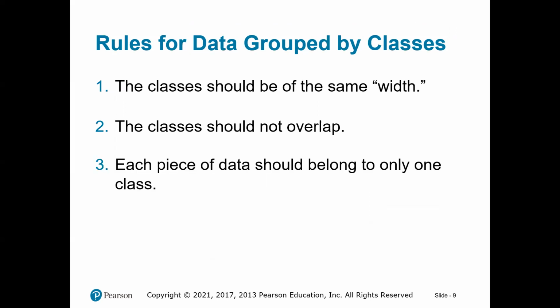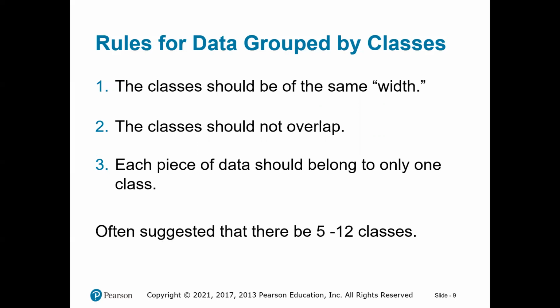Each piece of data should belong to only 1 class, and that's obvious. They often suggest that we use between 5 and 12 classes, but I'm not too excited about that last sentence. It depends on the size of the statistics project you're dealing with. But if you have to choose, you can choose 5 to 12 classes.